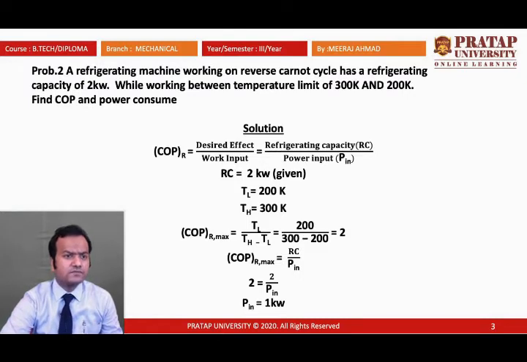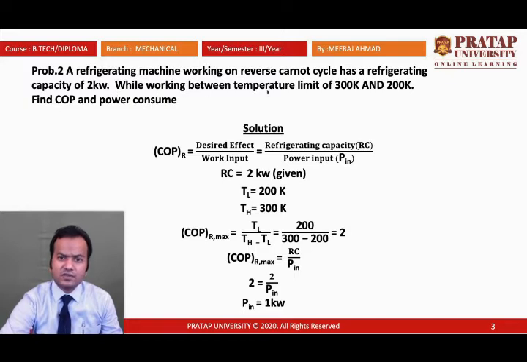In the next question, a refrigerating machine is working on a reverse Carnot cycle, which is an ideal cycle, and this ideal cycle gives the maximum COP. It has a refrigerating capacity of 2 kilowatt, which means RC is given.